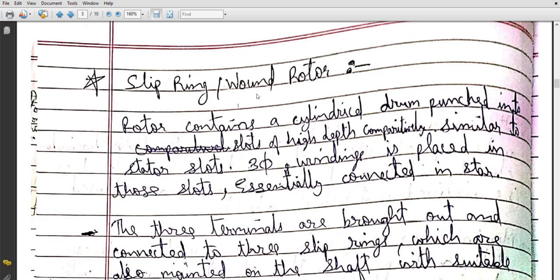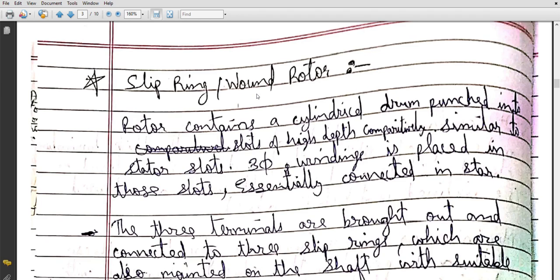Suppose in a slip ring induction motor my stator winding is designed so that four poles are created on the stator. Then the three-phase rotor winding will also be designed in such a way that whenever current flows through that rotor winding, four poles are created in the rotor also.